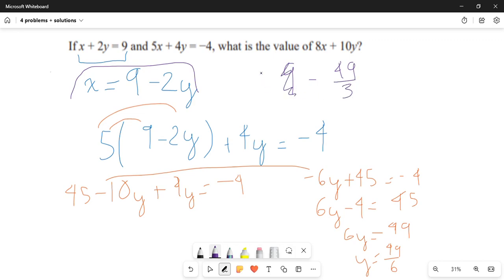So then 9 can be written as 27 over 3 minus 49 over 3. And then they have a common denominator, so that will just be negative 22 over 3. And then we have, this is x, and this is y.